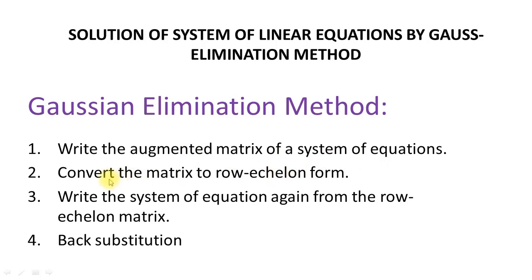Secondly, convert the augmented matrix to row echelon form. And third step, write the system of equations again from the row echelon matrix. And at the end, using back substitution, find the value of the unknown variables which appear in the given system of linear equations.